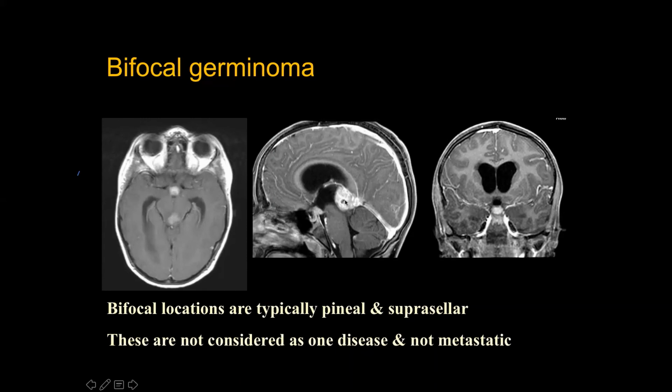The relevance is that when you have a pineal mass compressing the tectal plate with triventricular hydrocephalus, neurosurgeons first want to do a third ventriculostomy to decompress it. But always look for a second lesion. You've got a second lesion here. You cannot do a third ventriculostomy because there's a tumor sitting in the suprasellar region on the floor of the third ventricle.